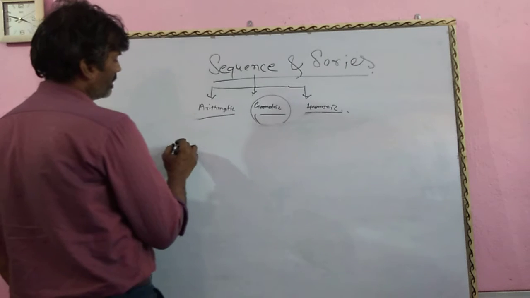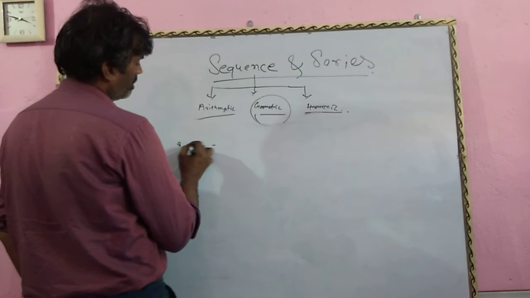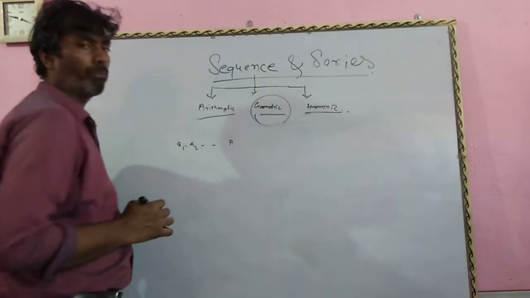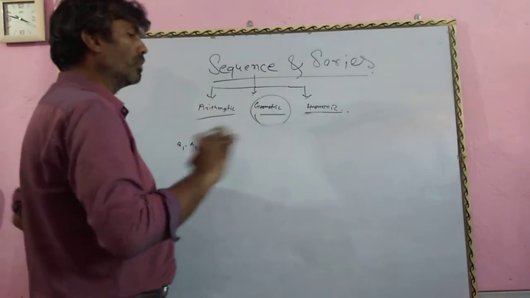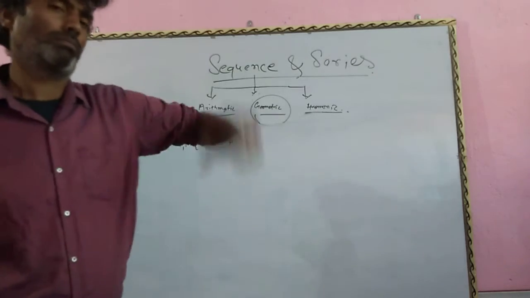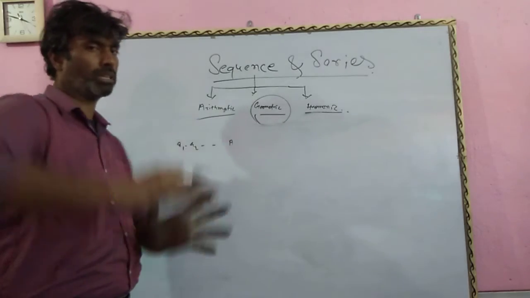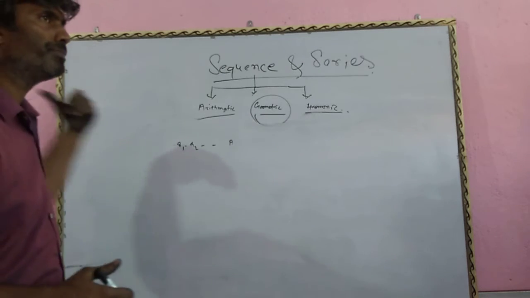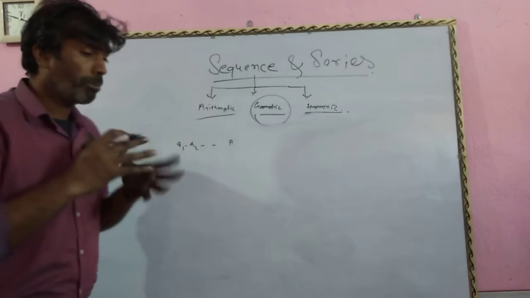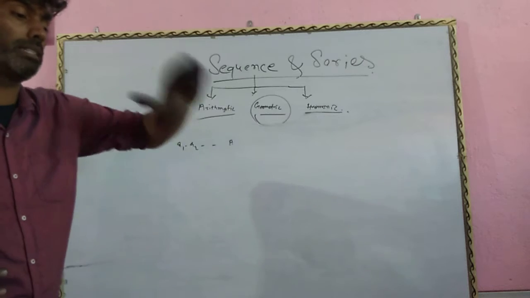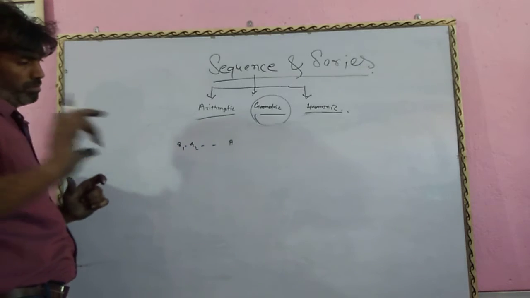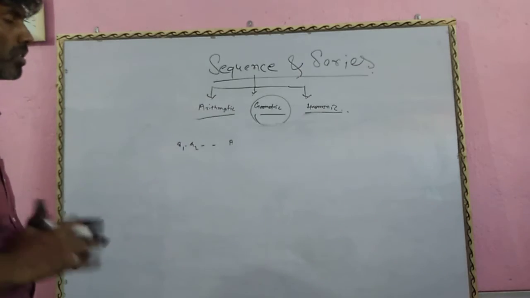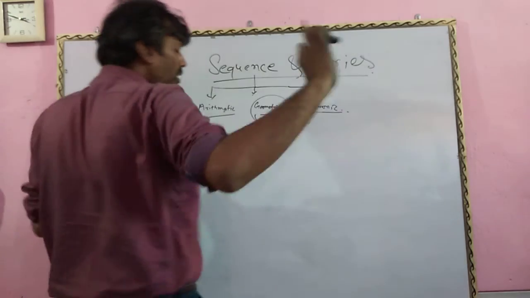So let us say A1, A2 are in arithmetic progression, and a sequence is also called a progression. In which manner is it progressing? What are the basic things on which the sequence depends?